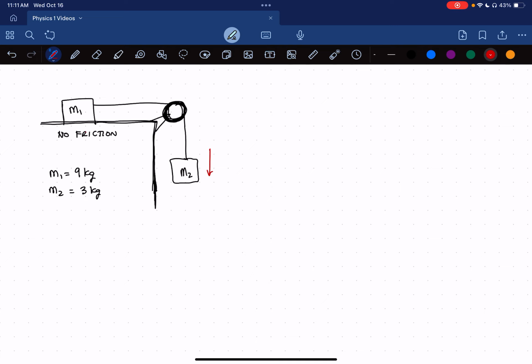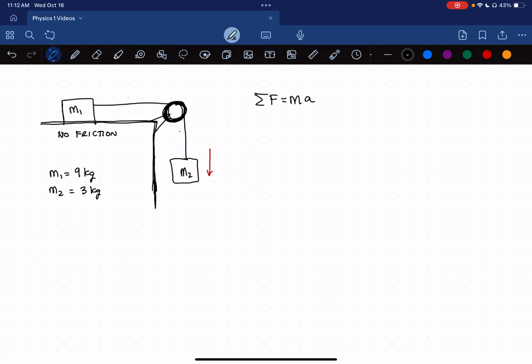Without any friction between mass 1 and the block, there's nothing to oppose the weight of mass 2 pulling this down, pulling down that tension, and pulling on this, right? Because Newton's second law is net force equals mass times acceleration.